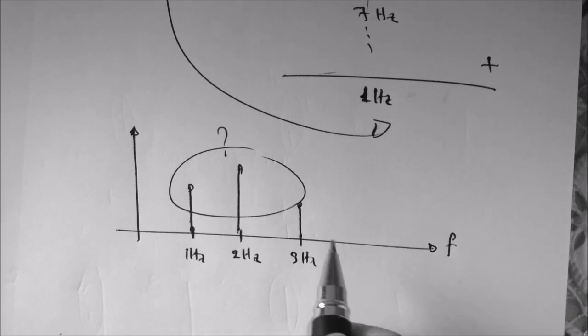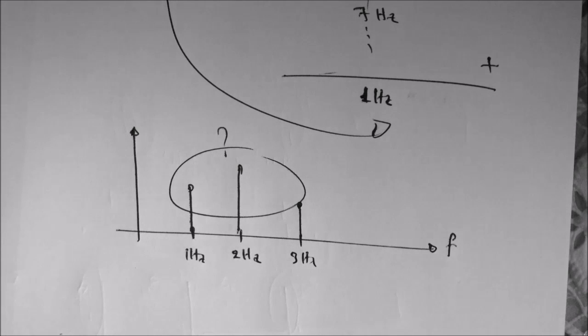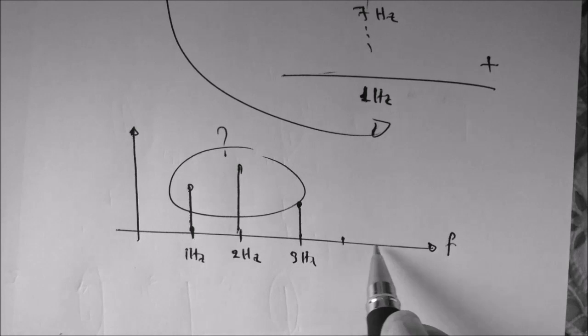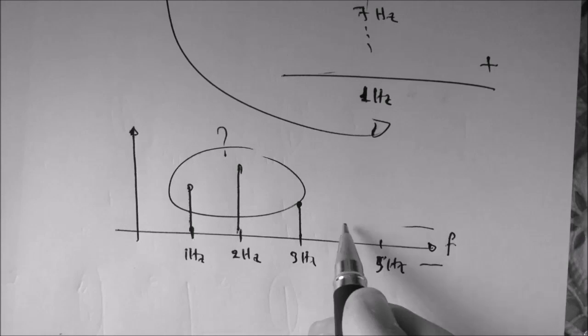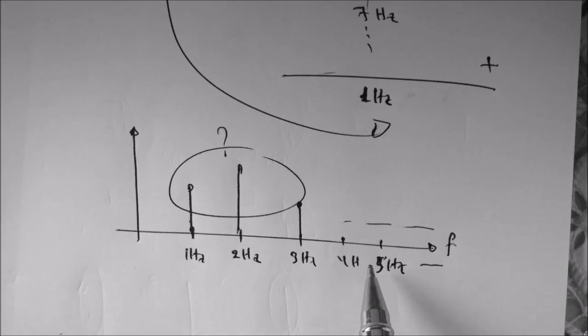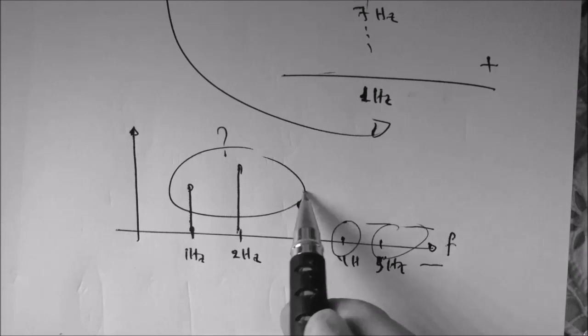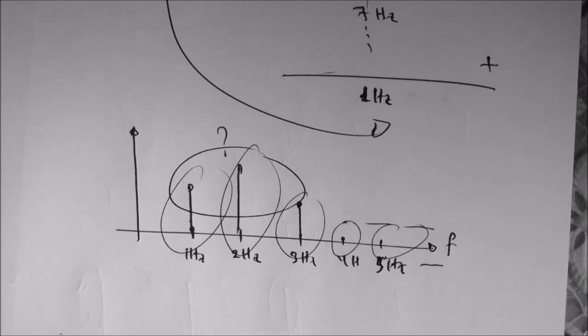We'll talk about that later. But basically, we're talking about the nature of frequencies, the components that the signal may contain. So 4 Hz, 5 Hz, and so on. So we can basically say that this signal may contain these frequencies. It may not contain them as well. But at least we don't have any issue concerning that the signal contains these frequencies.